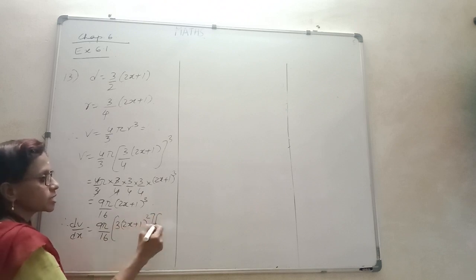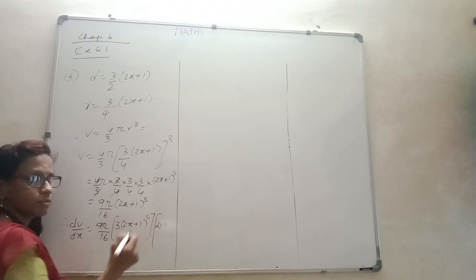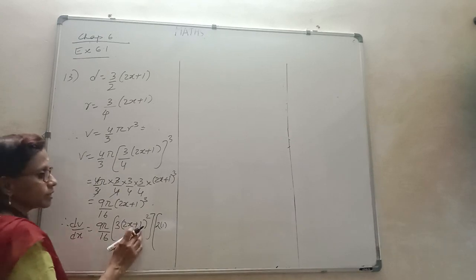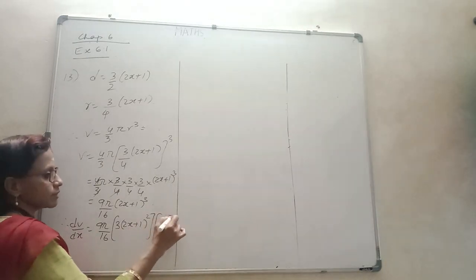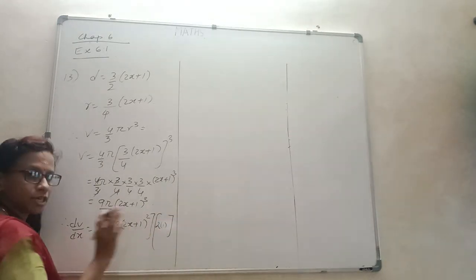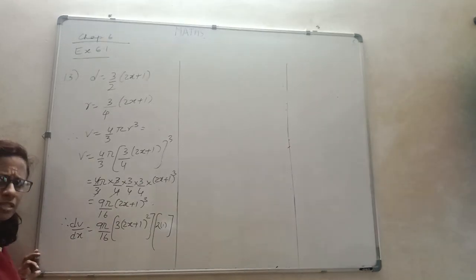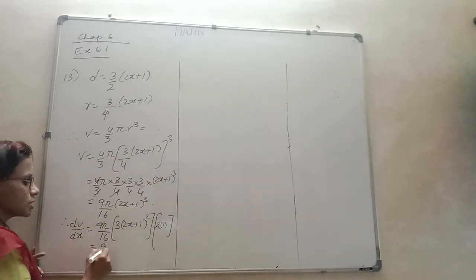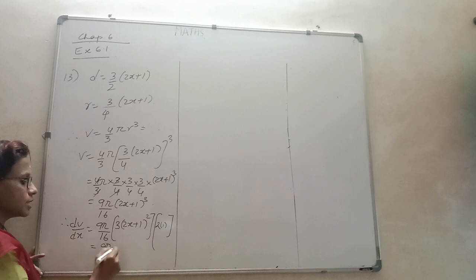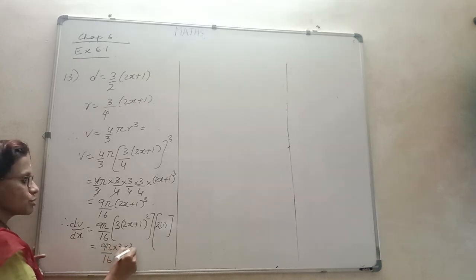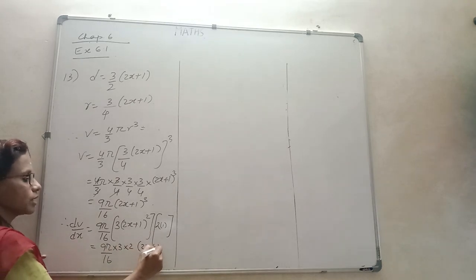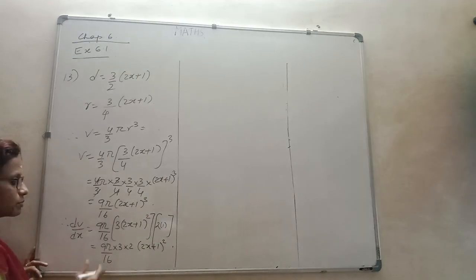The derivative of 2x is 2 into 1, because the derivative of x with respect to x is 1. 1 is a constant, so it doesn't have a derivative. Basically, the derivative of 2x plus 1 is 2. So it is 9 by 16 into 3 into 2 into (2x plus 1) whole square.